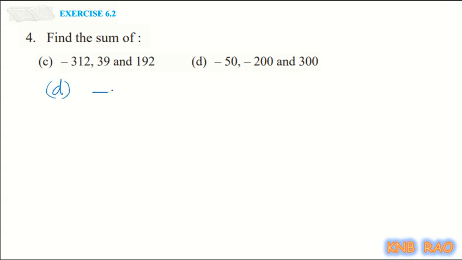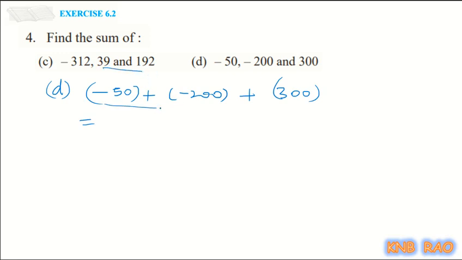So, minus 50 added to minus 200, then that sum is added to 300. See students, how we have added the first two positive numbers. Similarly, here first we will simplify the two negative numbers, and you know the sum of these two negative numbers is adding the numbers as it is, how we add positive numbers, and placing a minus sign in front of that sum.